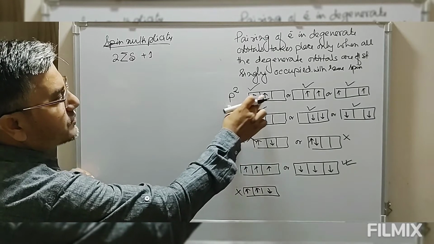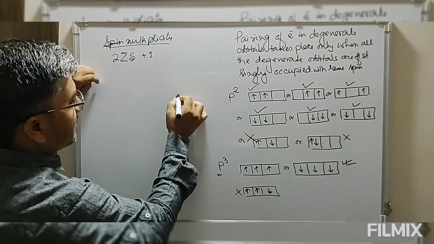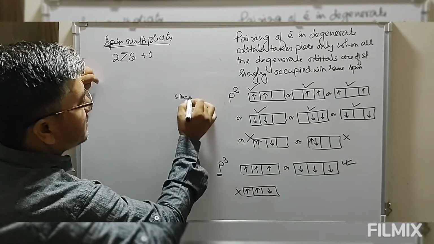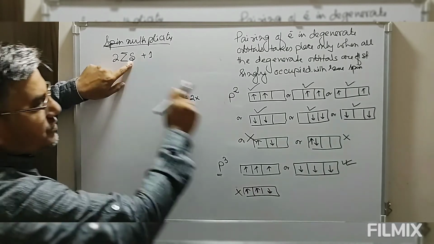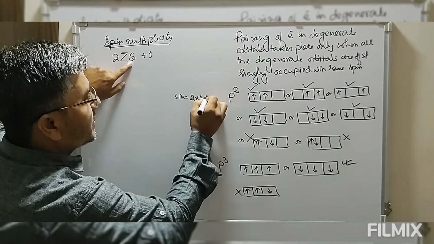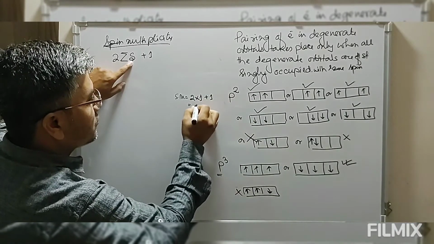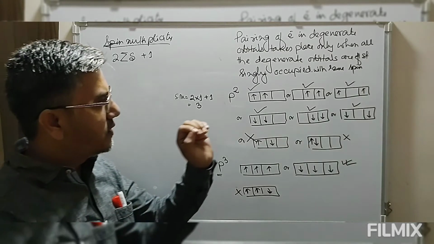This is plus half, this is plus half, so the summation of spin quantum numbers is half plus half, that is 1, plus 1. So this comes out to be 3. We have to just take the absolute value.